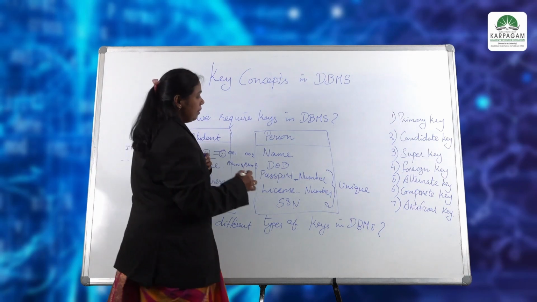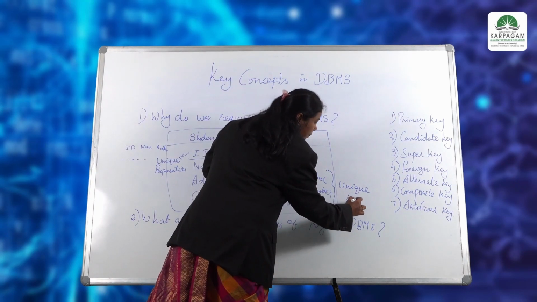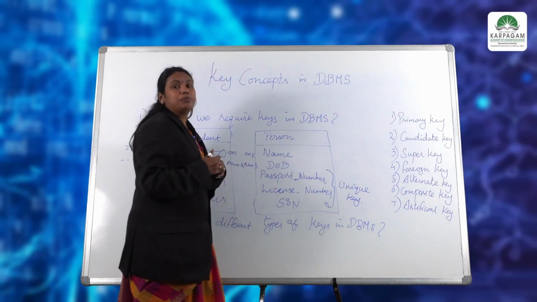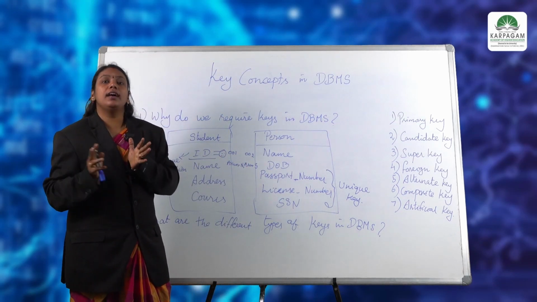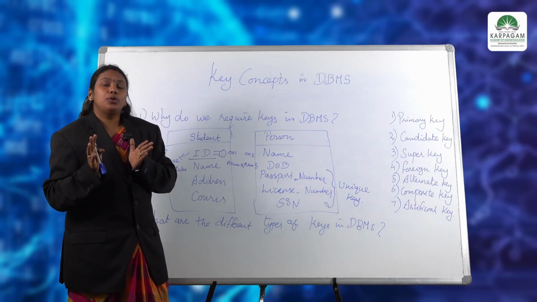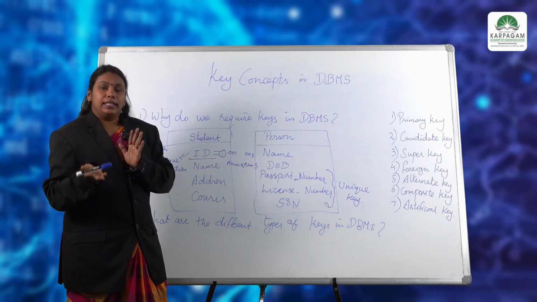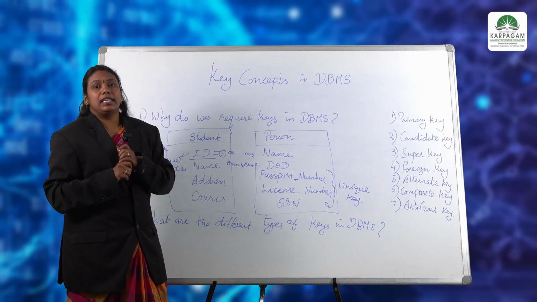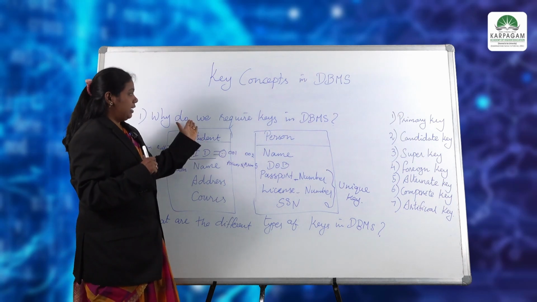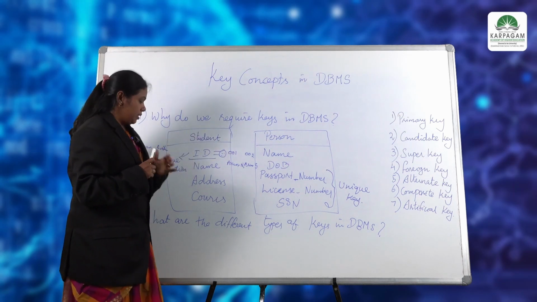There are many different types of keys available, and based on the requirement, we have to give priority to which keys we can give in the table. That is the concept in DBMS.